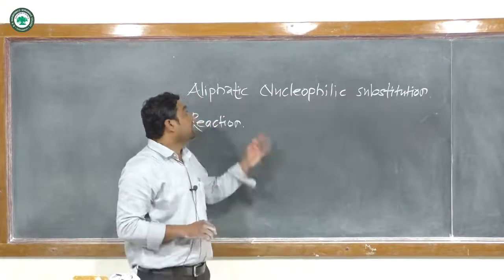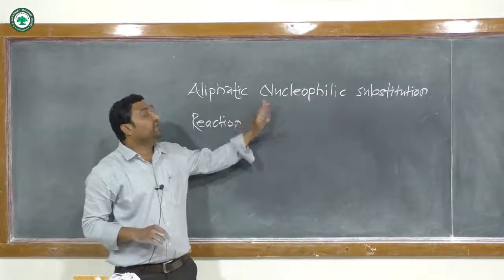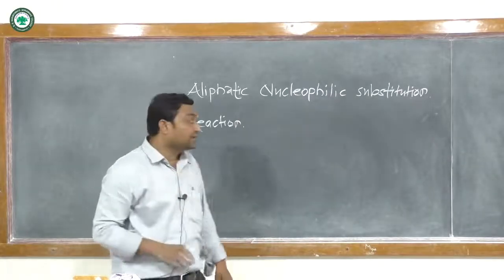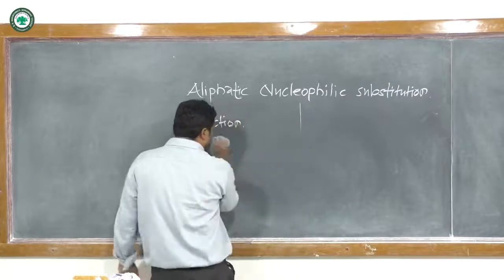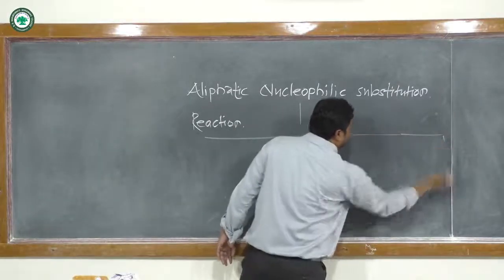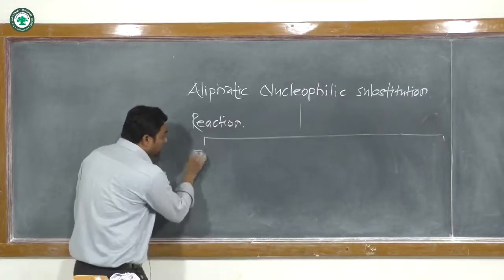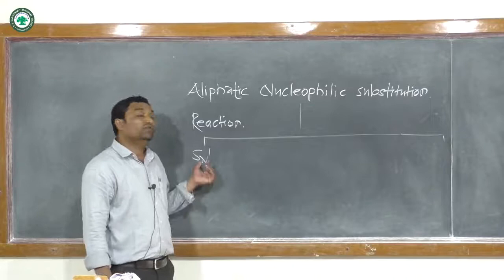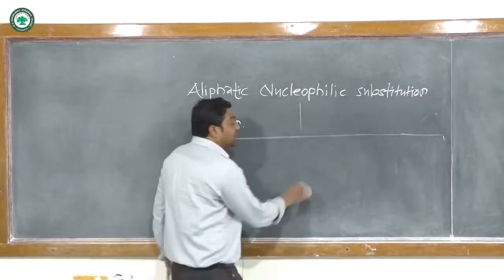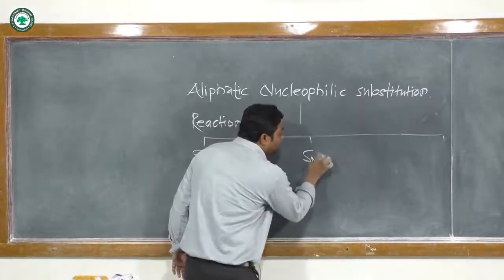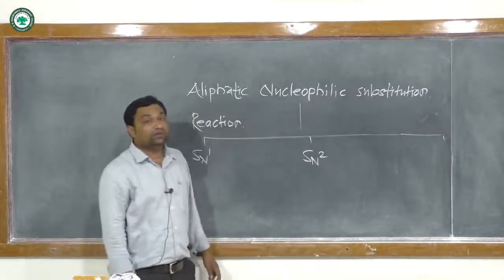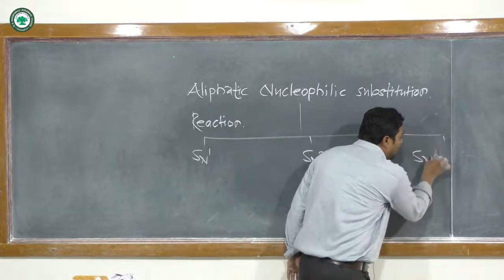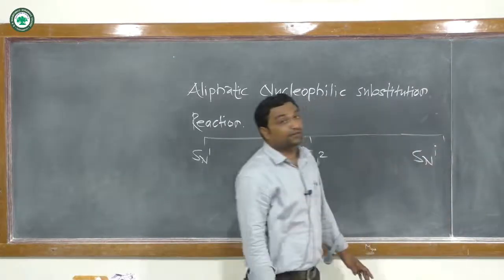We know that aliphatic nucleophilic substitution reactions are further classified into three types, that is SN1 reaction, that is unimolecular nucleophilic substitution reaction, SN2, that is bimolecular nucleophilic substitution reaction, and SNi reaction.